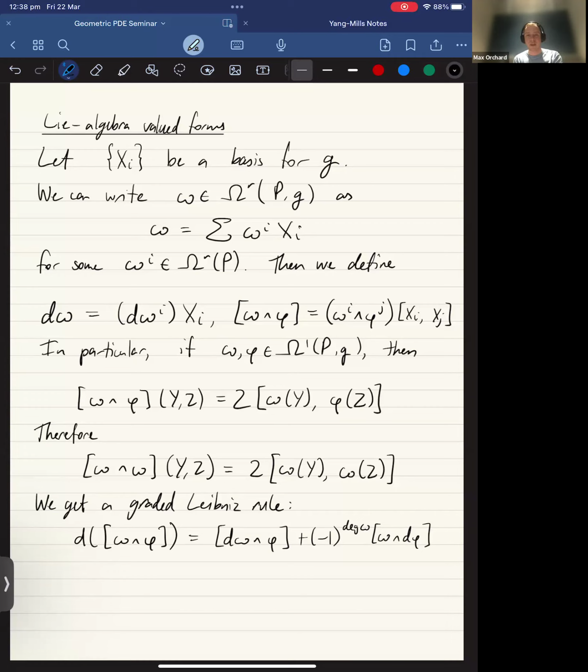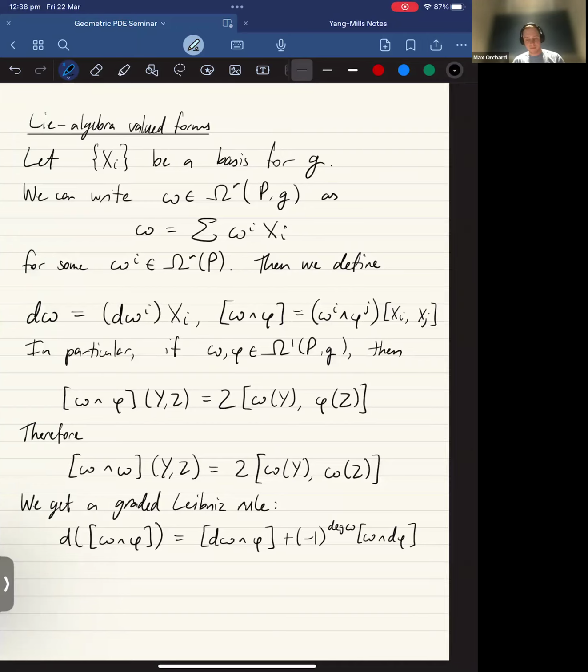Okay, so that finishes our brief aside into discussing some Lie algebra valued forms and the operations on them. The next thing that I want to discuss, which is quite important to Yang-Mills theory, is curvature of a connection.